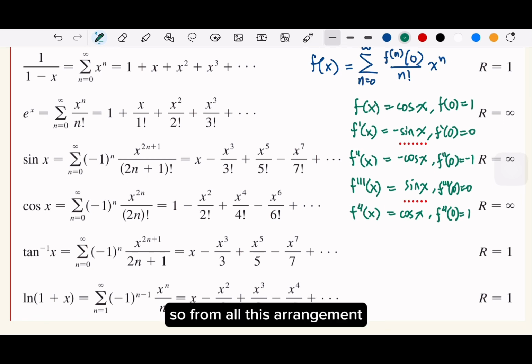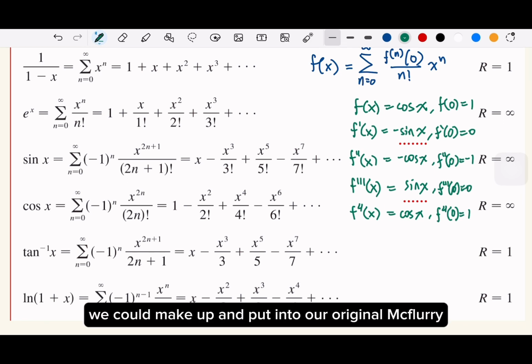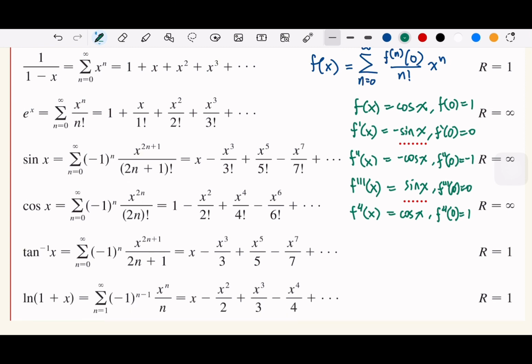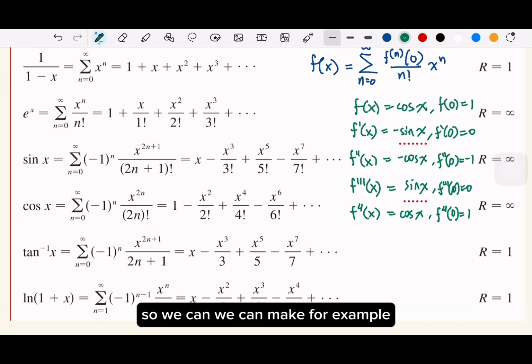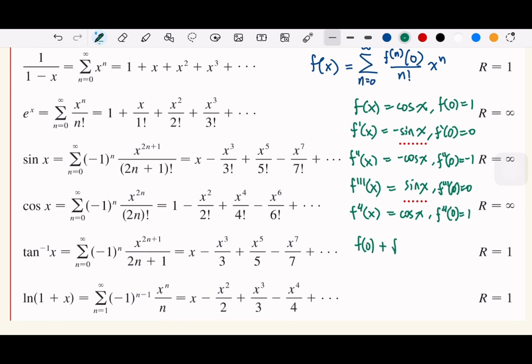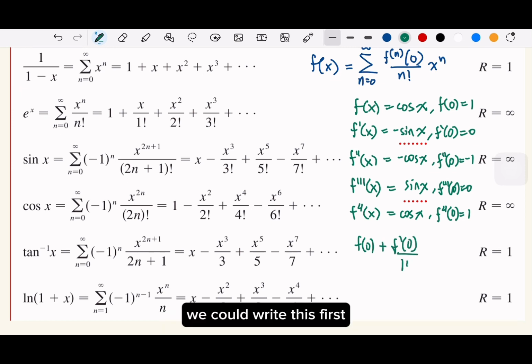So from all this arrangement, we could put it into our original Maclaurin. For example, this is the original expansion. We could write this first.